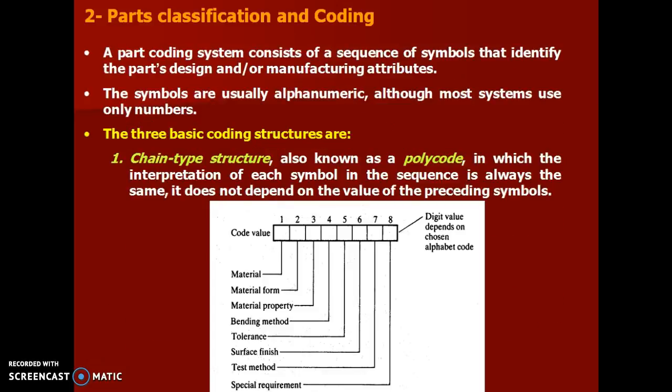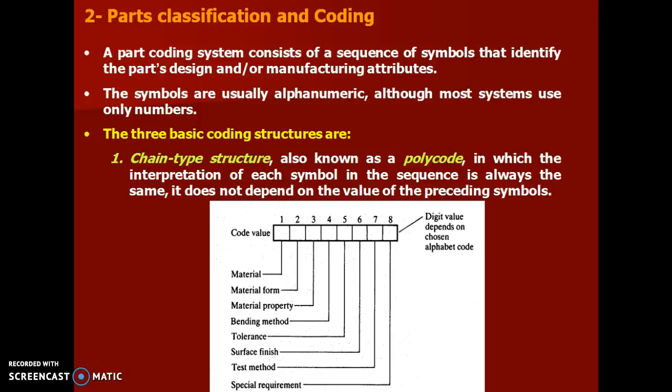A part coding system consists of a sequence of symbols that identify the part's design or manufacturing attributes. The symbols are usually alphanumeric, although most of the systems use only numbers. You will be making use of three basic coding structures. The first one is the chain type structure. It is also known as polycode, in which the interpretation of each symbol in the sequence is always the same.